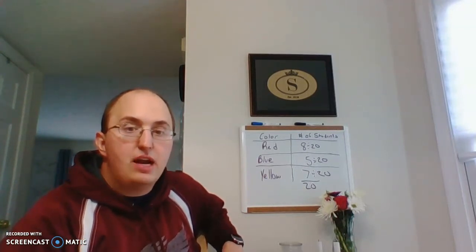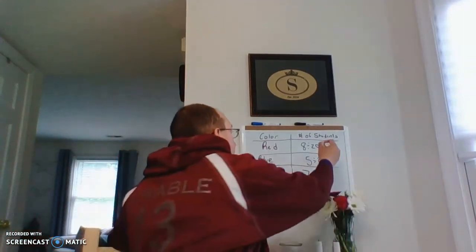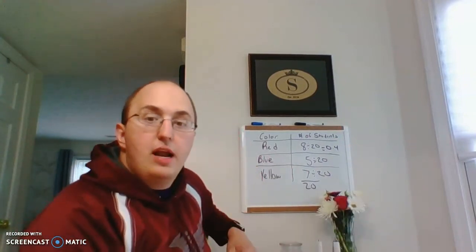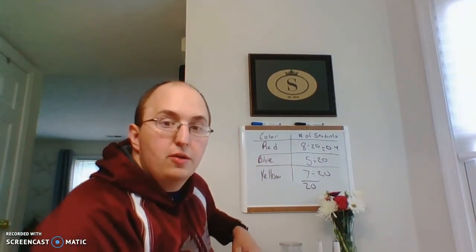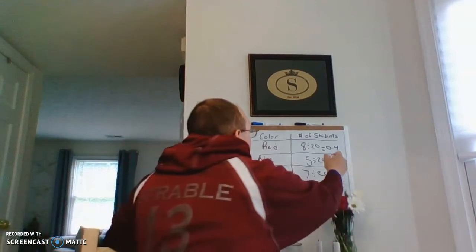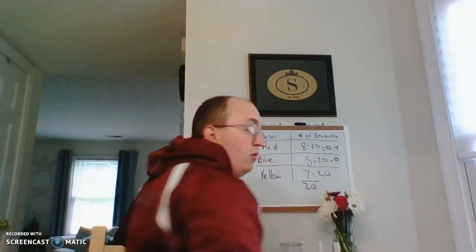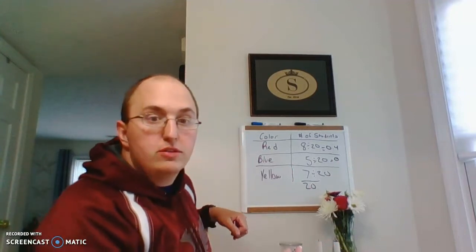So 8 divided by 20, if we do that math, you're going to get 0.4. 5 divided by 20 is going to get you 0.25. I got distracted because my dog was barking in the background.